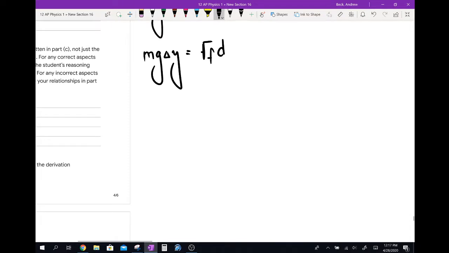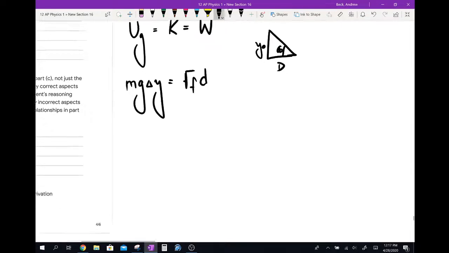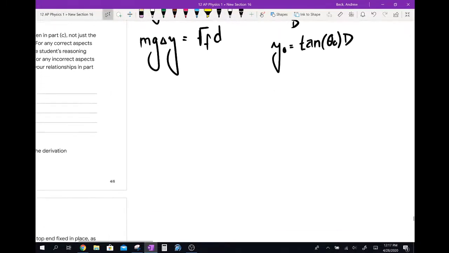We said here that the y, if we look back at our trig, theta naught, this is d, because it's y naught. We said that y naught is going to equal tangent of theta naught times d. That was from our trig earlier.